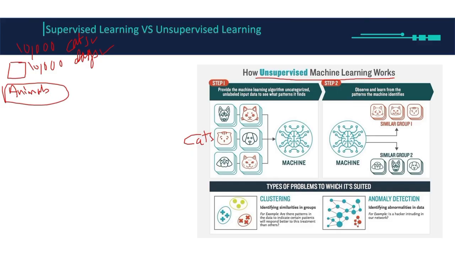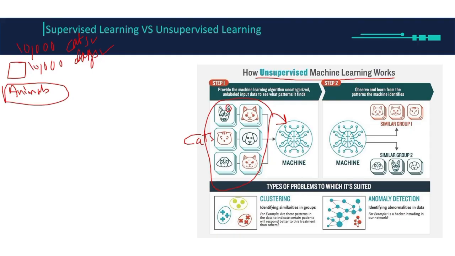So what is going to happen is that all the images are going to be fed into the machine learning algorithm, and the machine is going to cluster or group them according to the patterns it finds. Let me go step by step, and let's say I'm the machine learning algorithm and I'm going to find the patterns. Let's say I'm going to group some images according to their pointy ears.